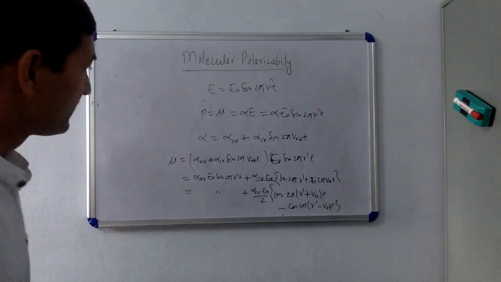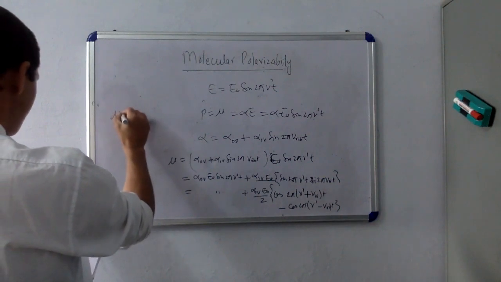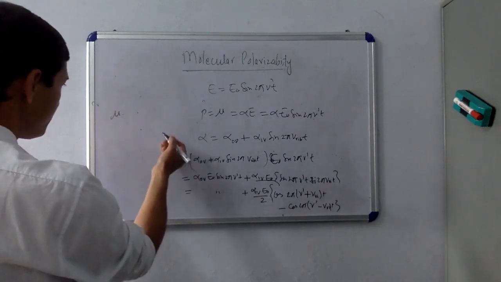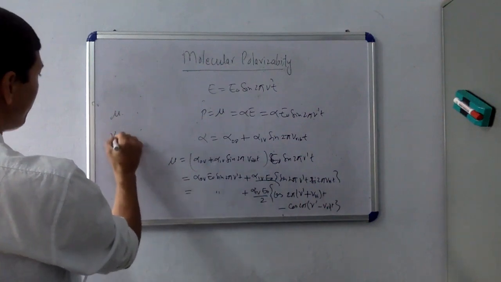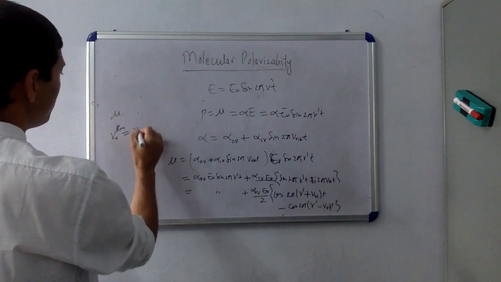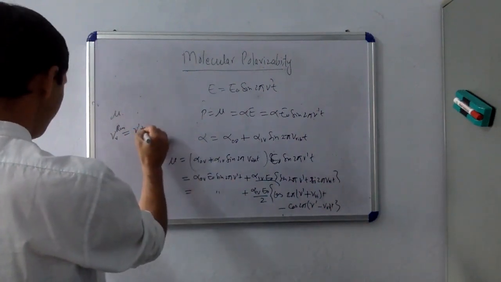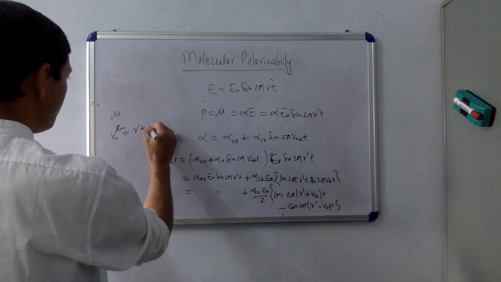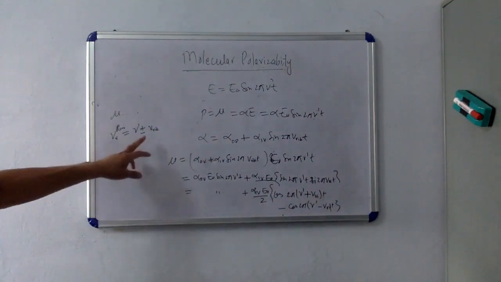So now these are the frequency components at the output: nu vibrational Raman is equal to nu prime plus or minus nu vibrational. So what exactly you will be getting at the output?